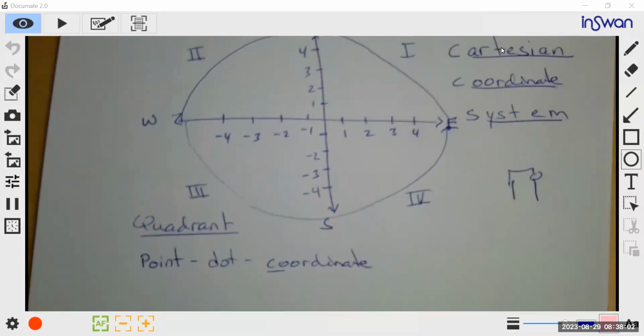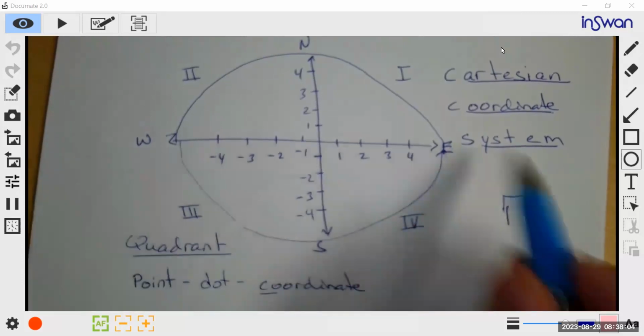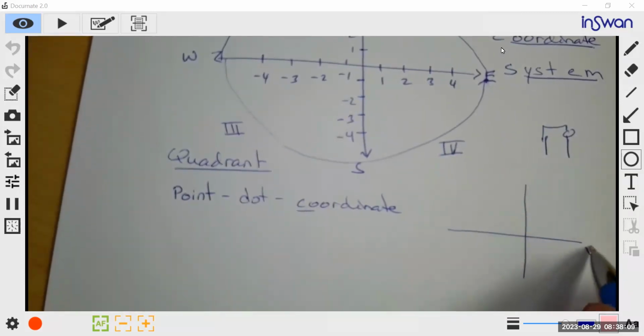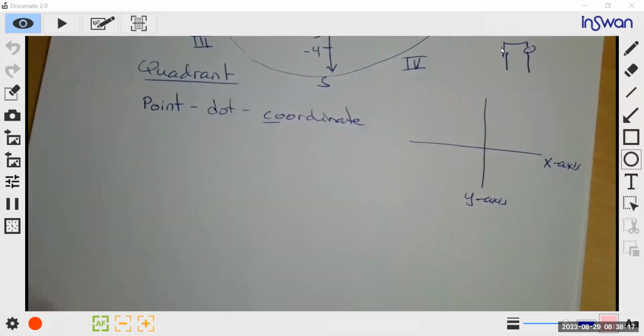Co means with. What do we call the horizontal axis today? The x-axis. What do you call the vertical axis? They didn't call that back in the old days.